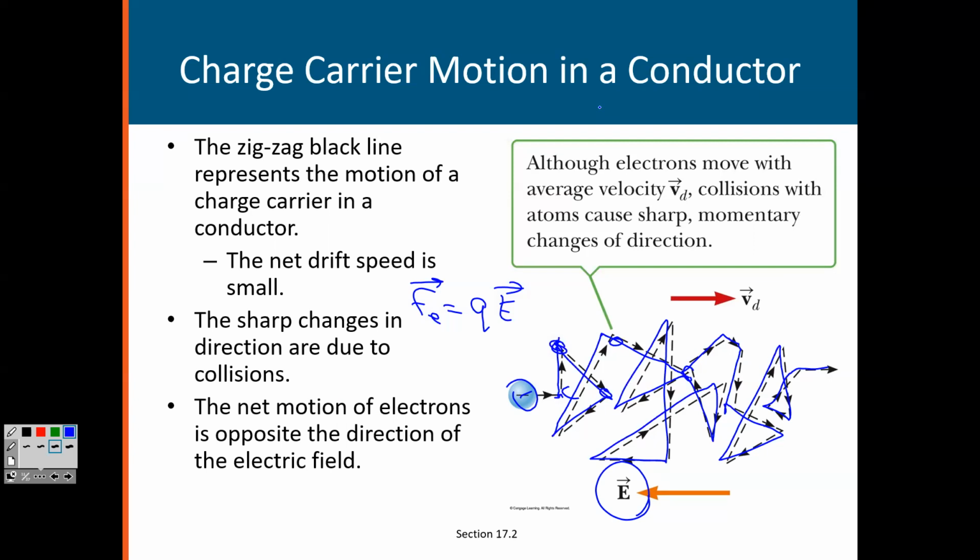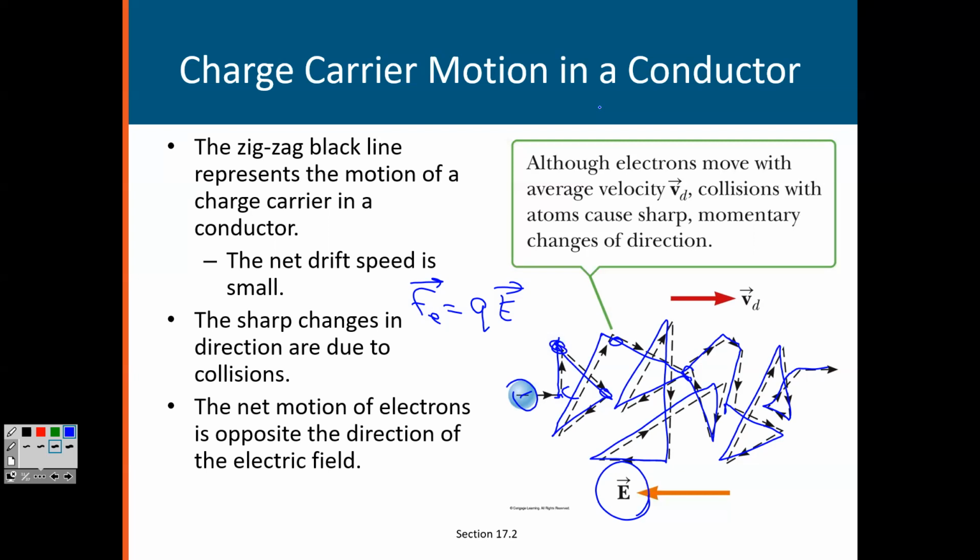That's why the drift velocity of these charge carriers in a medium is very small. It's like millimeters per second. In a second, it will move less than a millimeter, actually a fraction of a millimeter. So it's very slow.